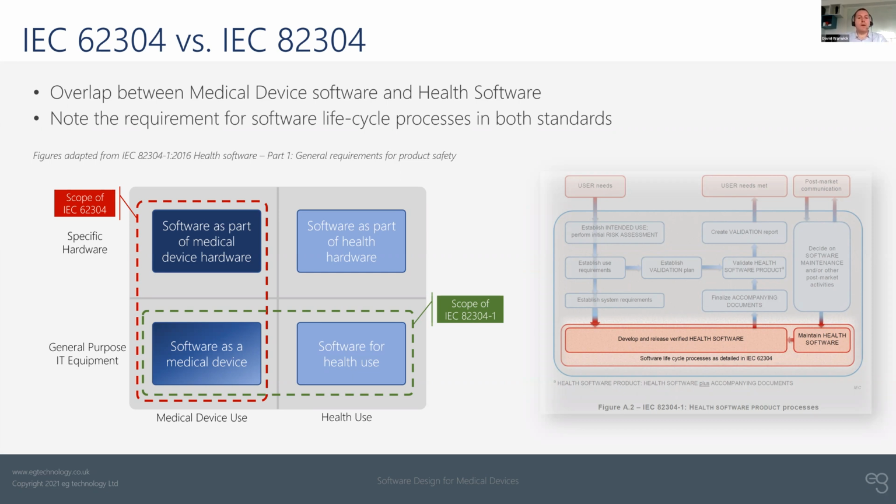But there's a grey area, because while some of that software is for medical devices, some of it is just this health supporting software, and that's where 82304 comes in. 82304 is very much about software which runs on general purpose IT equipment, but doesn't actually make medical claims.